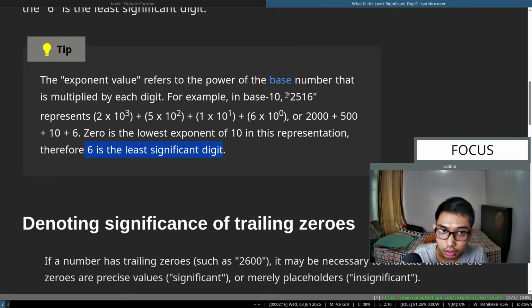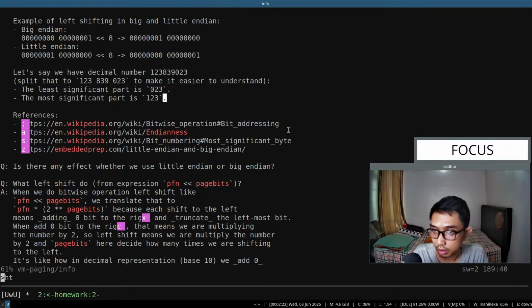I feel like this example might be easier to understand.